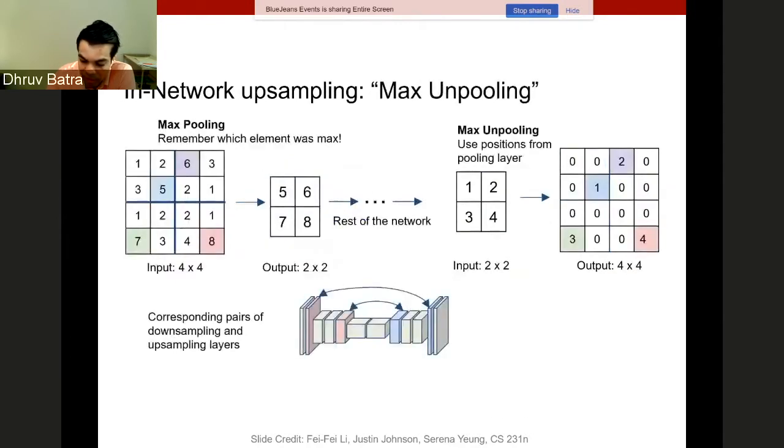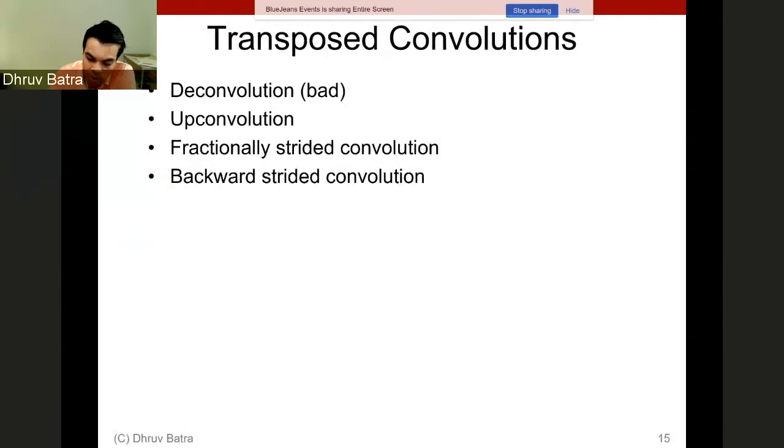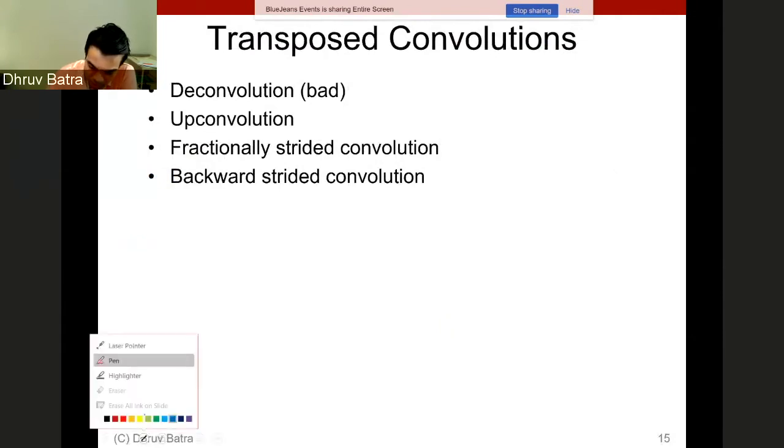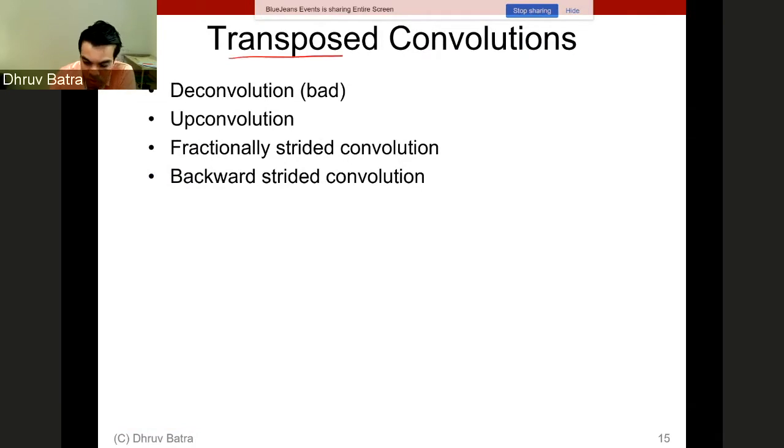We had introduced another heuristic, which was to utilize the symmetry of your architecture, and every time there is a max pooling layer, remember where the argmax came from, and have a max unpooling layer and place the pixel at the argmax value. But these are just heuristics. And then what we wanted to do was move towards learned upsampling operations, and this is where transposed convolutions came in.